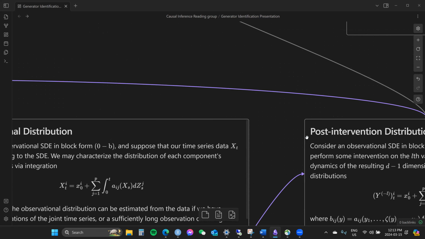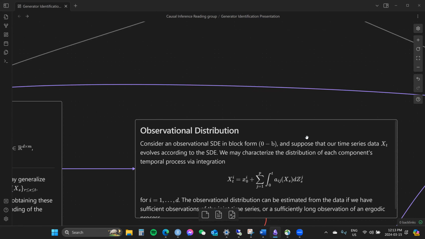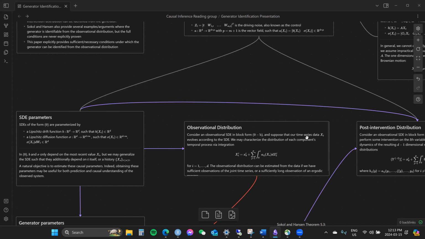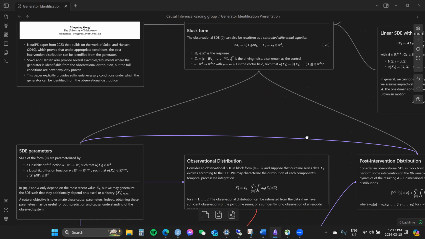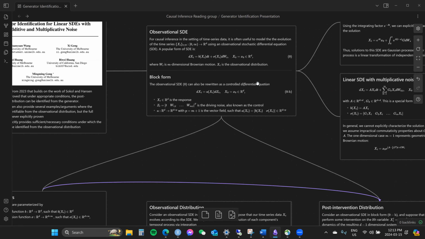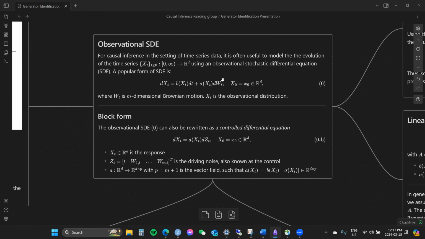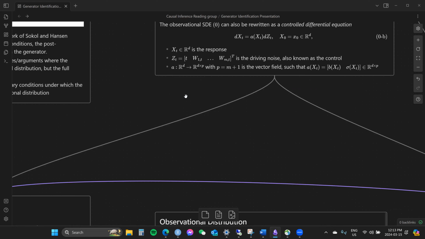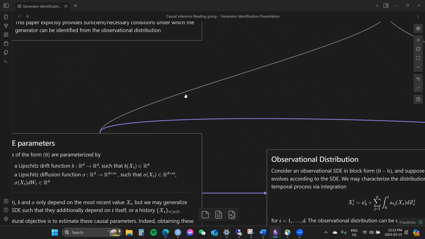Okay, now that we've defined the setup a little bit, I want to talk a bit more explicitly about the causal setting. So there's a few different important concepts, and hopefully we can try to clarify these. As Joe mentioned, we have an SDE, and there is a diffusion term, this one, and a drift term.